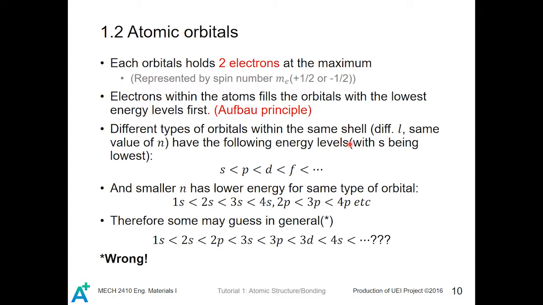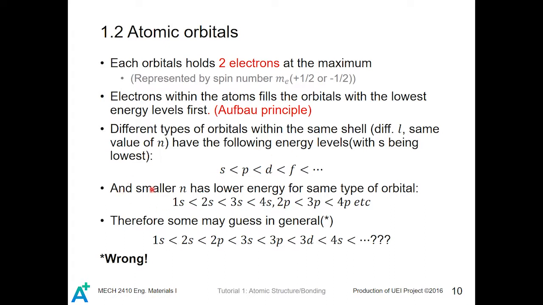Electrons within atoms fill the orbitals with the lowest energy level first, which is stated in the Aufbau principle, which we will use in this course. Different types of orbitals within the same shell, which means different angular quantum number l with the same value of n, will have the following energy levels, with s being lowest: s, which is l equals 0, p, which is l equals 1, and so on.